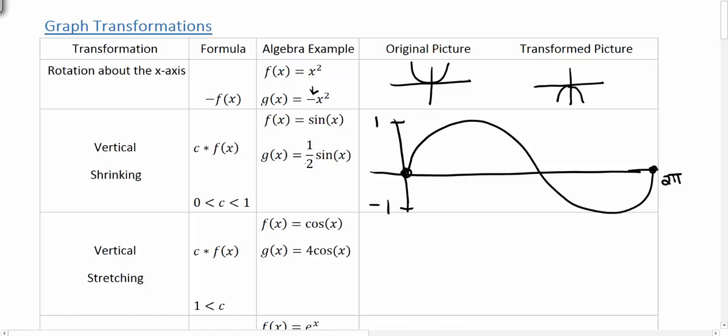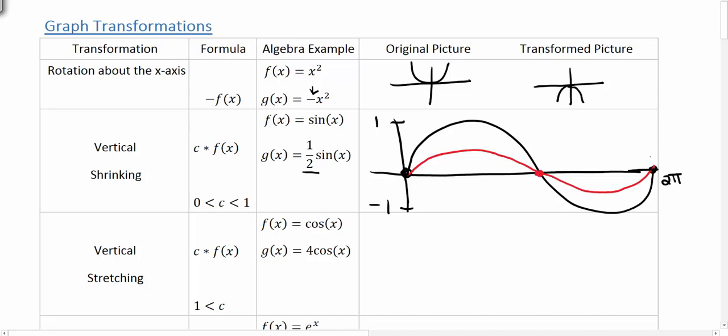If we were then to multiply that by 1/2, the result will be a graph that only goes up half as high and looks like this. So notice that my new graph goes to the same zeros.